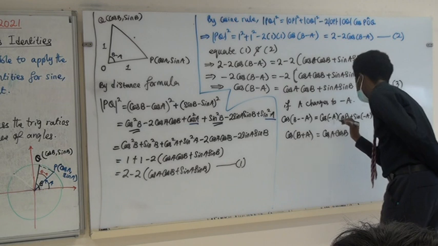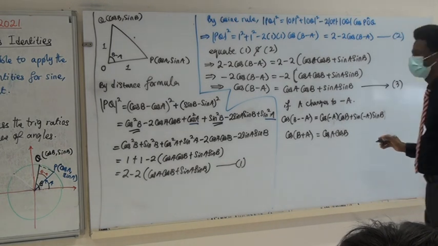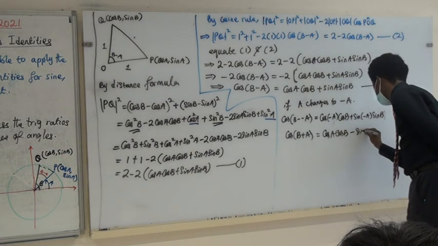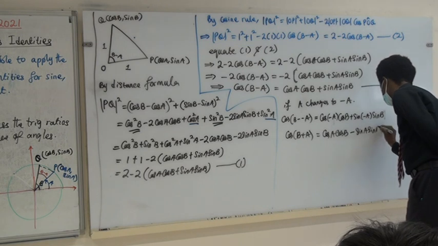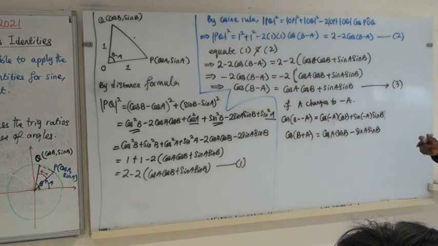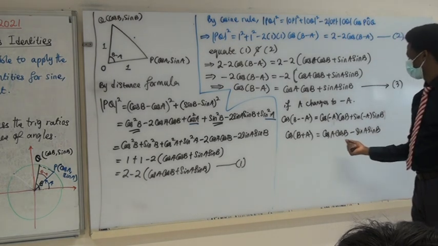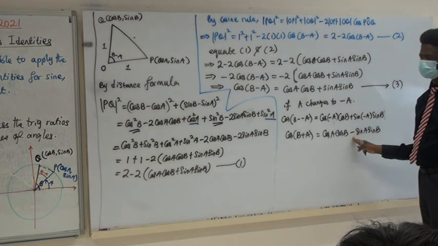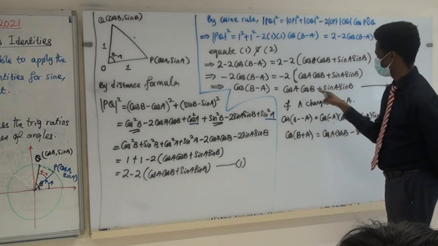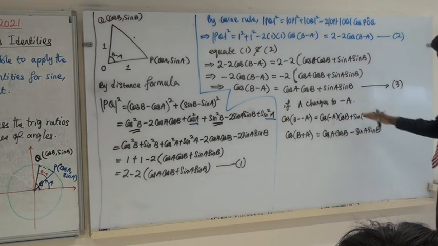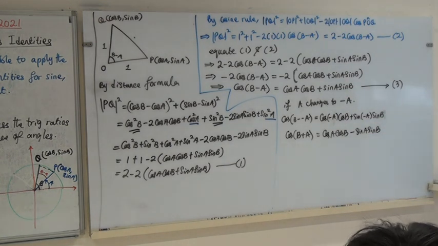Then cos B. Sine moves the negative to the front. So we get negative sine A sine B. So addition gives us minus. Subtraction gives us plus. The same thing. Understand?